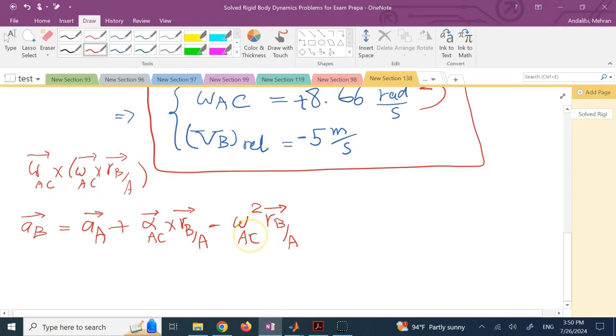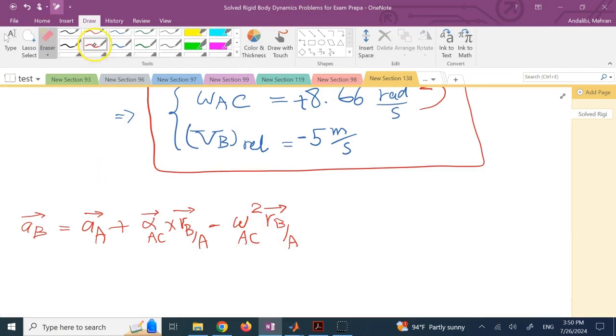This is your normal acceleration, centripetal acceleration. So you can write it that way for 2D, and instead of 2 cross products, you can use a scalar times a vector, which is much easier to carry.